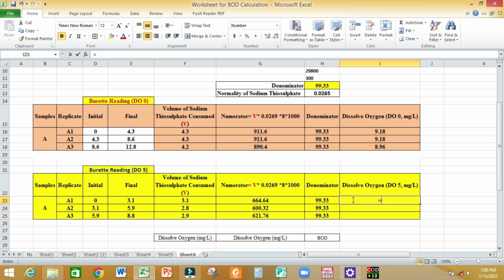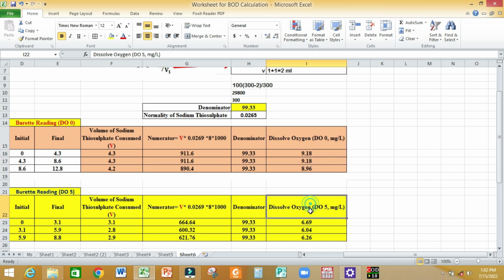So now finally we can calculate the dissolved oxygen of the samples after 5 days of incubation. We just have to put an equal sign, numerator divided by denominator, and this will give you 6.99 for replicate 1, 6.04 for replicate 2 and 6.26 for replicate 3.